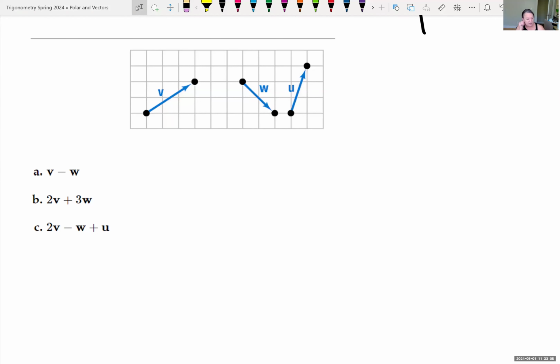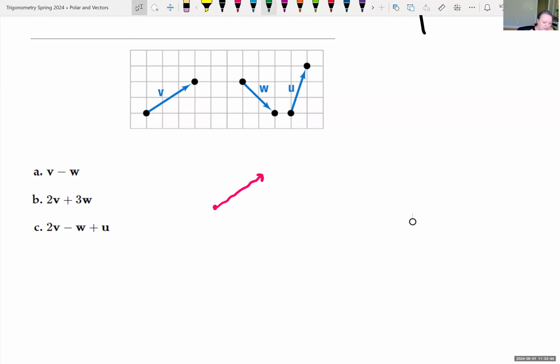So we have an example here. We're given our vectors geometrically of v, w, and u. In this first case, we want to find out what v minus w is. So we have our v, and then we have our minus w.